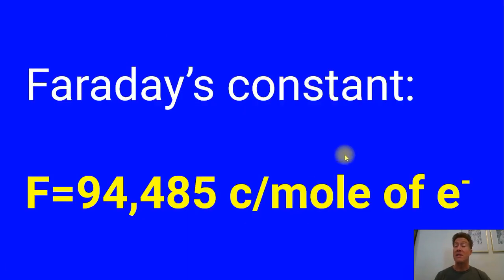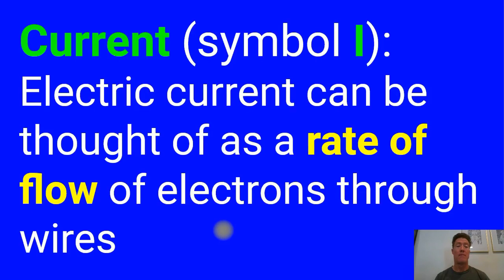So that gives us Faraday's constant, which is 94,485, sometimes rounded to 94,500 coulombs per mole of electrons. So if you have a little under 95,000 coulombs, then you have Avogadro's number, a mole of electrons and a mole of electron charge.